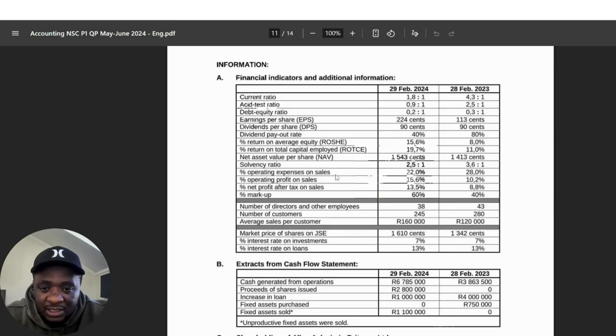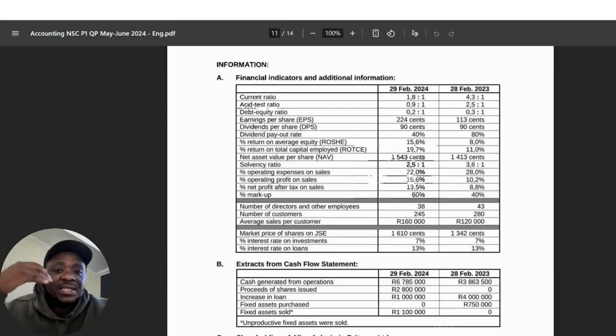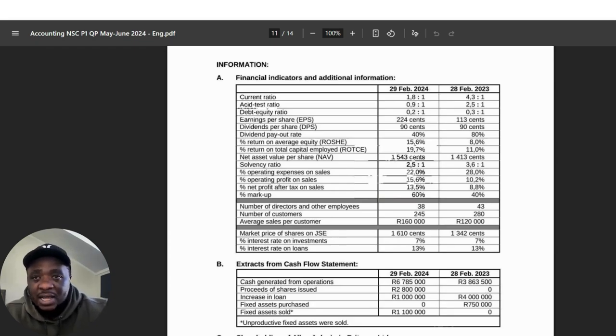Now, you may wonder why I say this is positive when it went down, but then when this one went up, I say that it is also positive. Now, obviously, expenses as a percentage of sales, you want to be as low as possible, right? Because it means that if it is low as possible, you don't spend much of the money that you generate from sales paying off expenses.